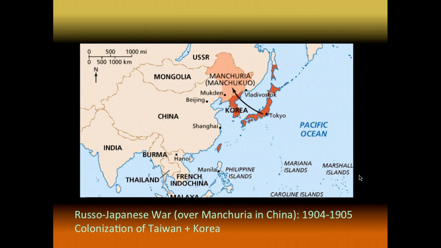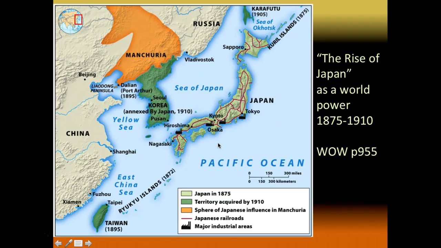And here are some images of the Russo-Japanese War over Manchuria, which again was in China, and the colonization of Korea here and Taiwan down here. And here's just another closer image, up close image, and you see in red all of the railroads that Japan built.